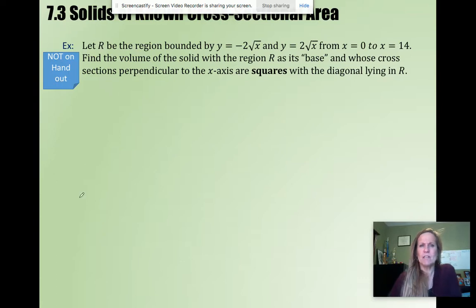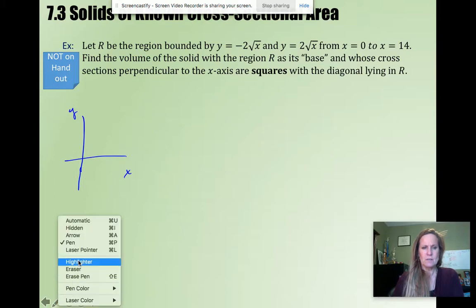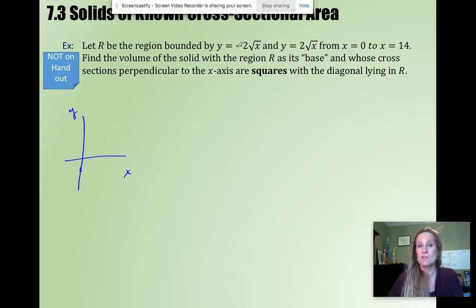So we have a region in 2D, the XY plane. My functions are plus and minus 2√x, going from 0 to 14, right?